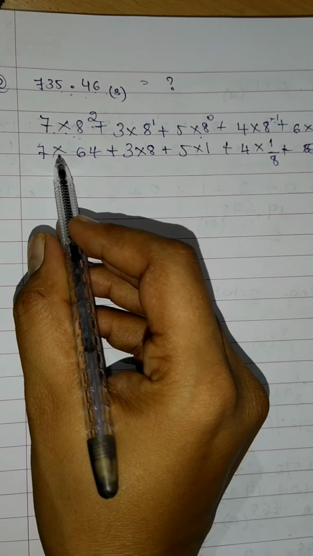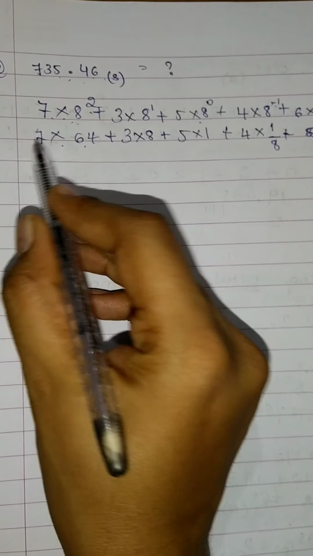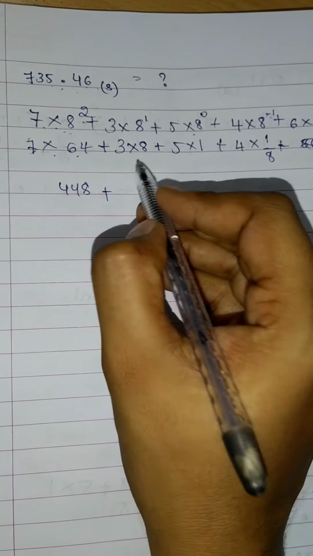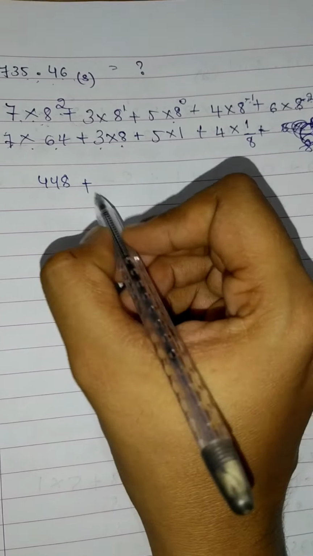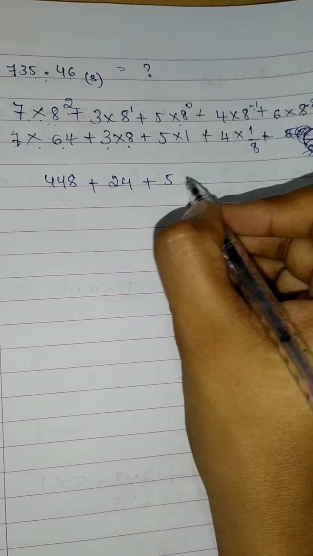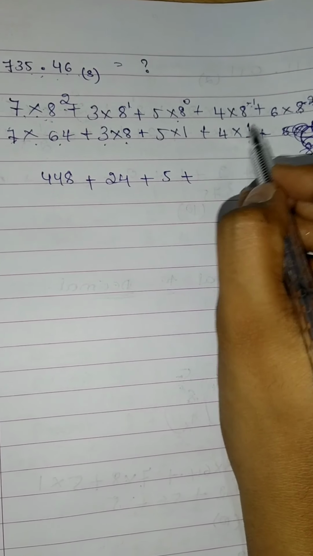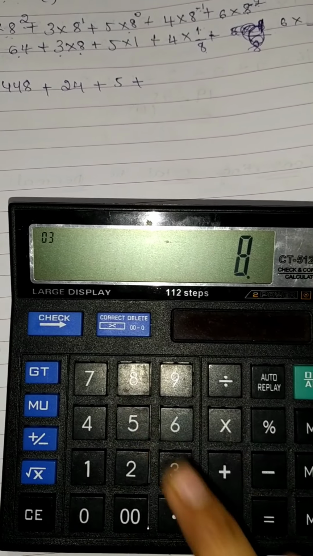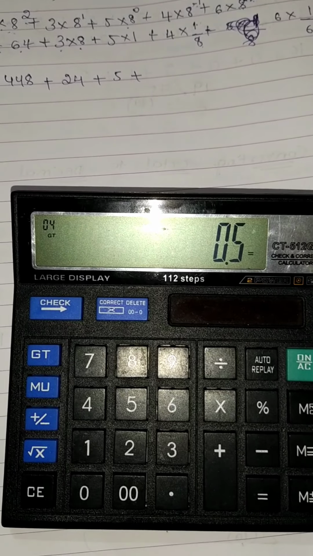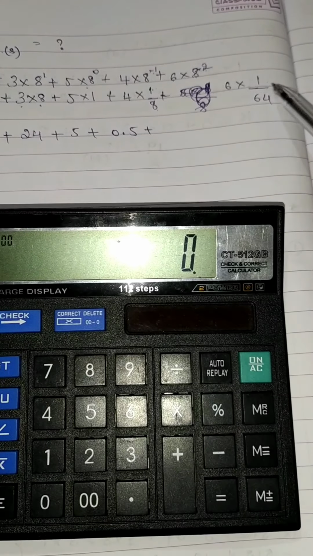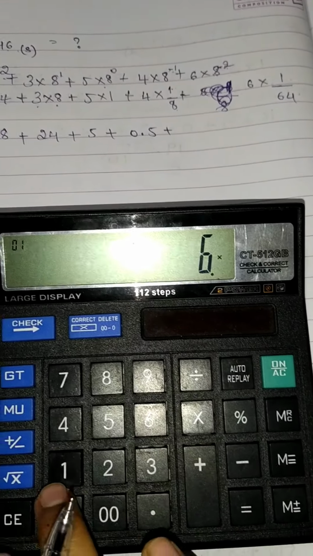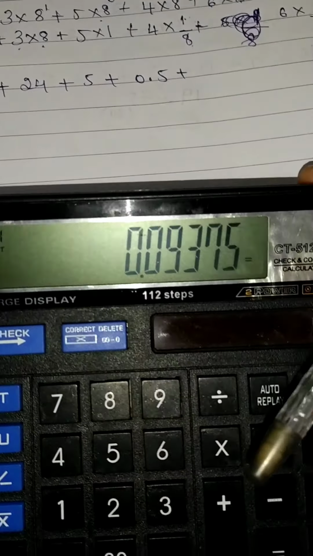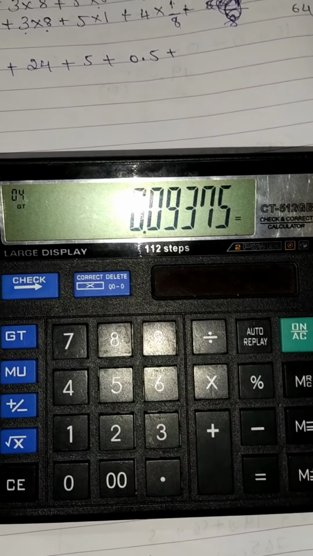Now we find the products. 64 into 7 is 448, plus 8 into 3 is 24, plus 5 into 1 is 5, plus 4 into 1 divided by 8, which is 0.5, plus 6 into 1 by 64, which is 0.09375.